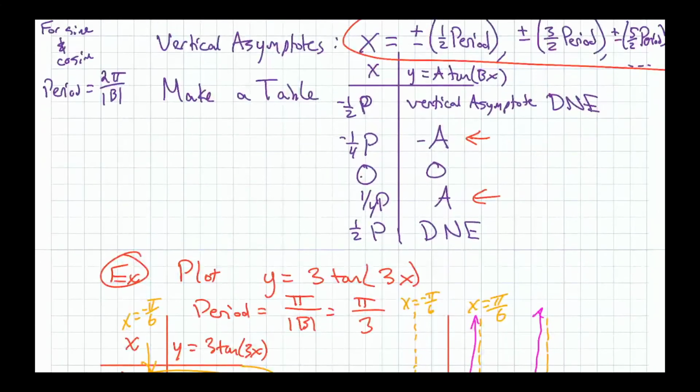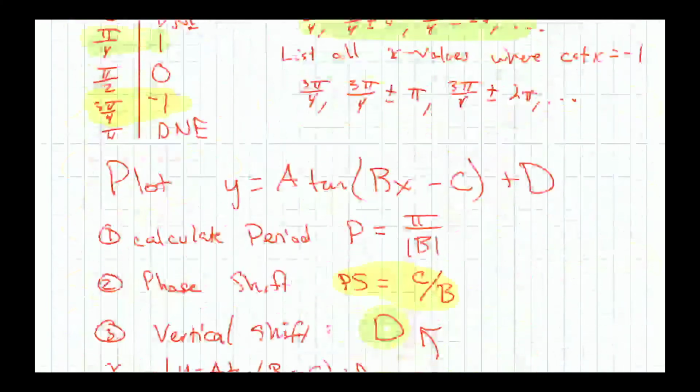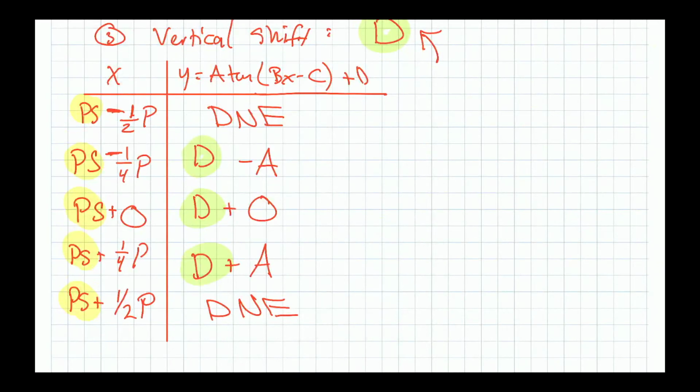D and E, negative A, 0, positive A, D and E, and then you got your negative 1/2 P to positive 1/2 P. Back down here, same thing, but now there's a phase shift and we add that D on there, right?